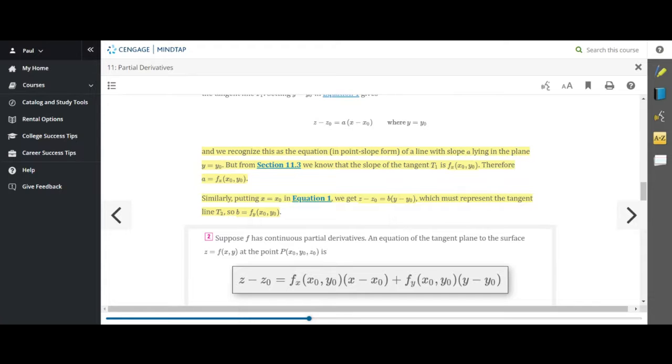Are there any questions on that? Okay, how many remember this equation from calculus 1?